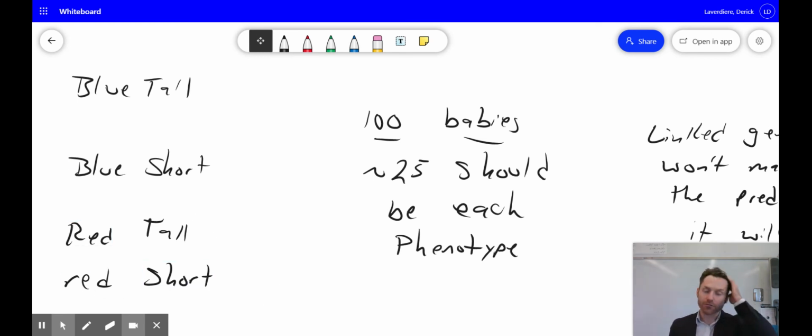Now, because it is random, I might have 20 blue tall babies and 30 blue short babies. That's not statistically different than 25 and 25. It's not going to be exactly 25 and 25. The larger the sample size gets, the closer it will be to the precise estimations. But it's close enough, right?